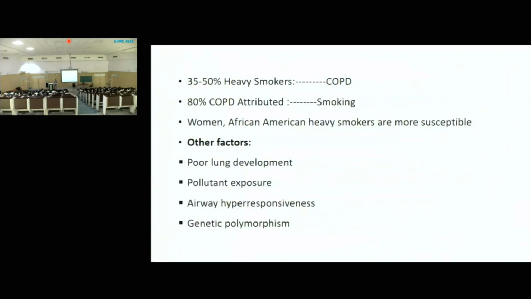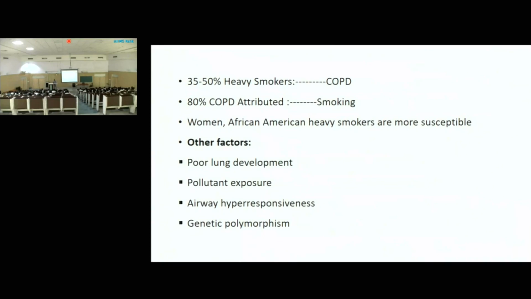So around 35 to 50% of heavy smokers will develop COPD over a long duration, like 40 pack-years. That will lead to COPD in smokers. But 80% of COPD cases are attributed to smoking only. They are more common in women and Africans, who are more susceptible.